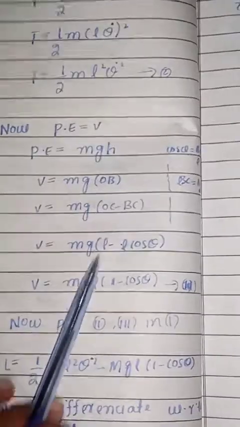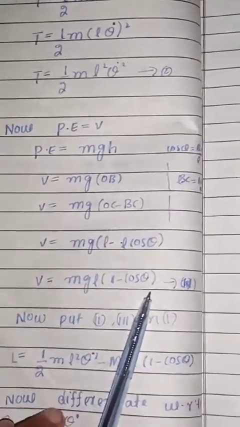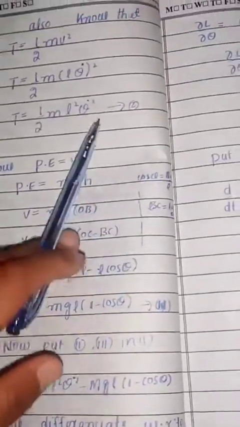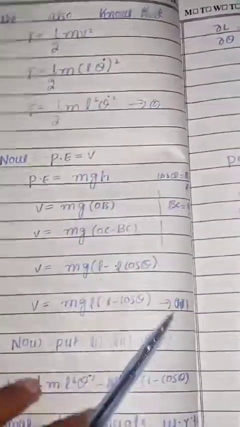So now V is mgL times (1 minus cos theta), which is equation 2. This is equation 3, and this is equation 2. So put equation 2 and equation 3 into equation 1.